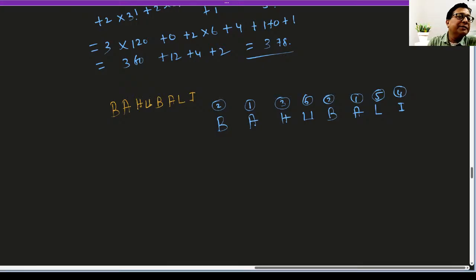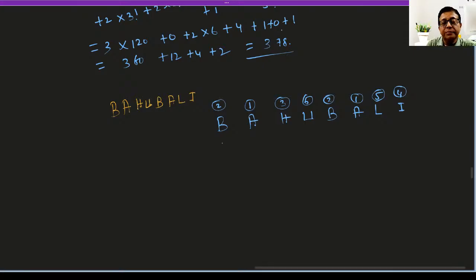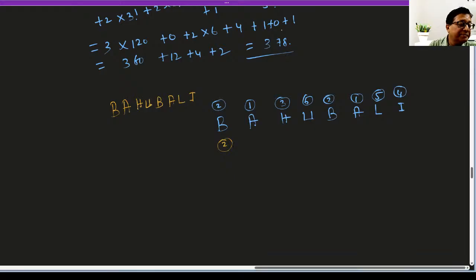Now, what you will do there, below B, you will see how many letters are there whose rank is less than the rank of the letter B. How many are there? There are 2. So write 2 over there. And this one, before A, no, 0. Before H, 2. U, how many are there? 4.